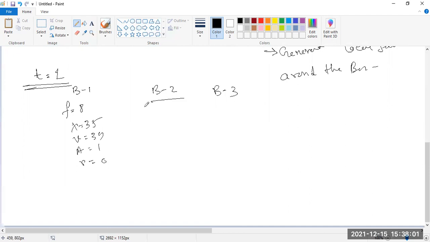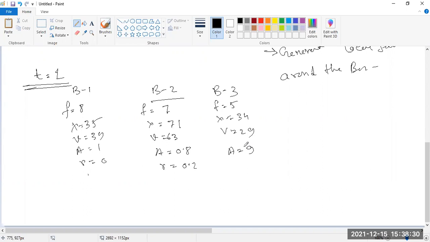For bat 2, f is 7, x is 71, v is 63, a is 0.8, r is 0.2. A and r were unchanged till now. For bat 3, f is 5, x is 34, v is 29, a is 0.9, r is 0.1.